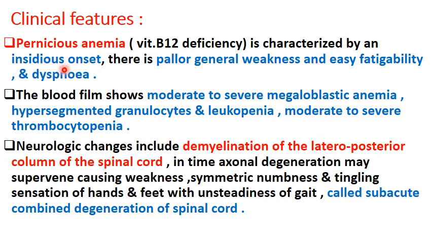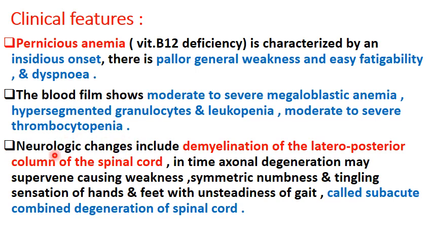It is insidious; it takes a long time to develop the vitamin B12 deficiency. Pallor, weakness, easy fatigability on exertion, dyspnea, all of these are features of anemia. The blood film, as we said and as we saw in the previous slides, shows moderate to severe megaloblastic anemia, hypersegmented granulocytes, leukopenia, and moderate to severe thrombocytopenia.